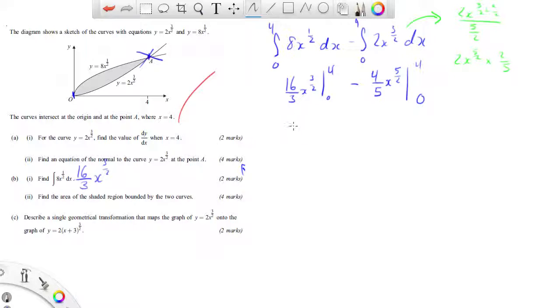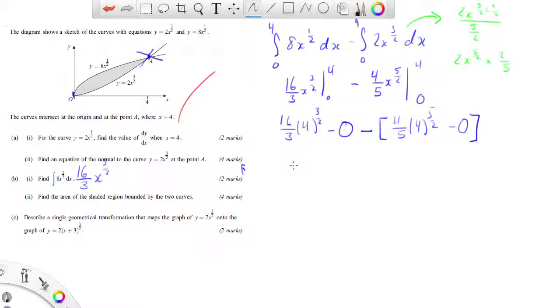Okay, so what we're going to do here is we're going to actually plug this in. So 16 over 3, 4 to the 3/2 minus pretty much 0. And then minus, I'm going to do some big brackets there, 4/5. Plug in the 4, 5/2, minus again 0. 0 and 0, not a big deal.